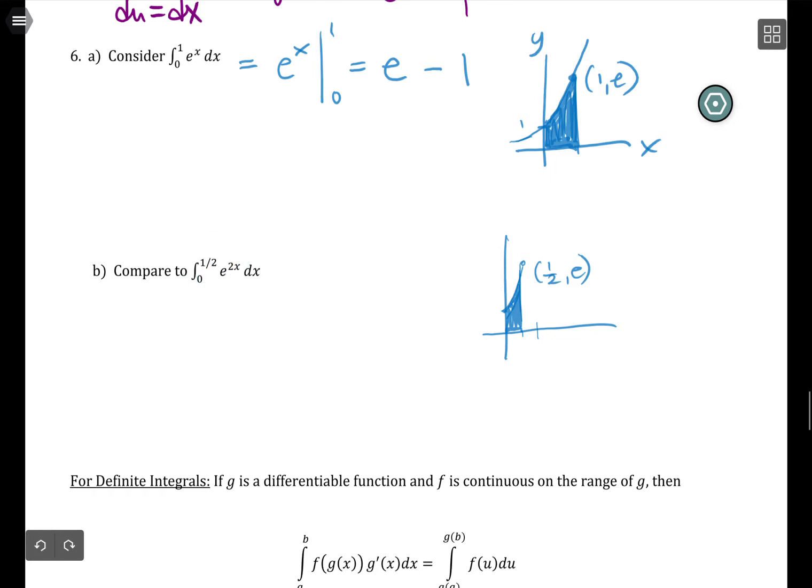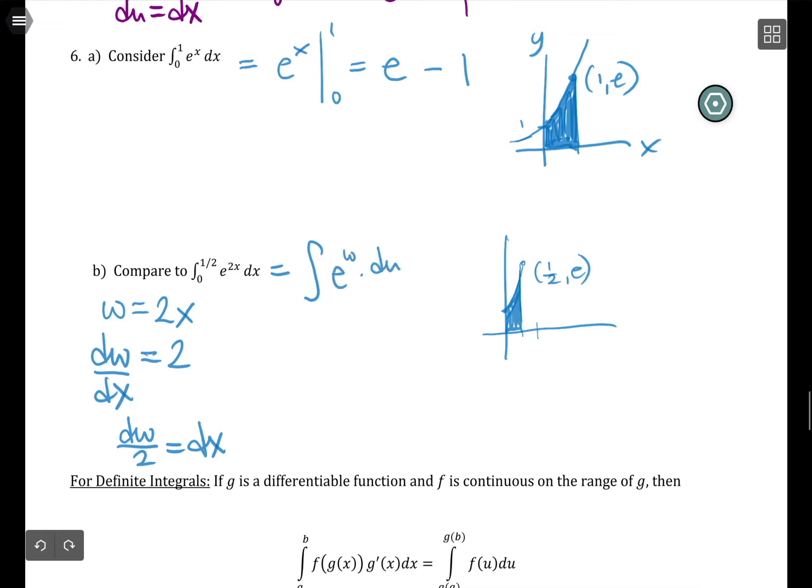So if we follow through the U substitution or W substitution, whatever you want to do, let's do W this time. You will replace the 2x, which means that your dW dx will be 2. So your dW over 2 would be your dx. So this is going to turn into e to the w times dW over 2.